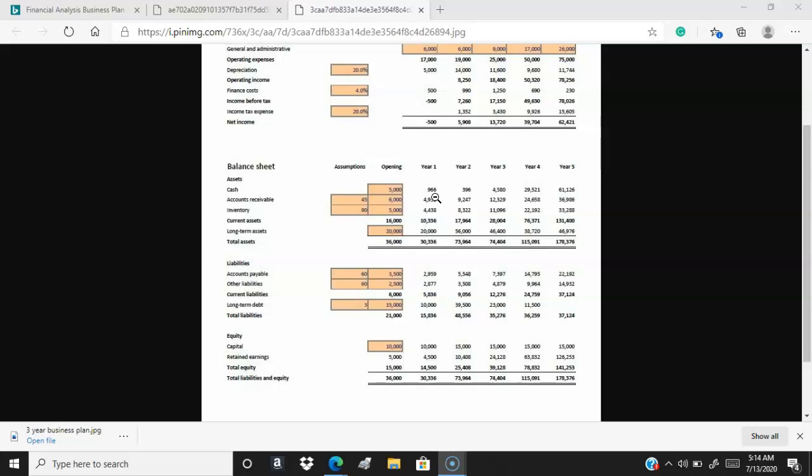4,000 of it is actually going to be used for buying, purchasing things, and if you have inventory, if you are product, and if you're a service-based business, most of that is going to go on your advertisement and things to get your name out there.